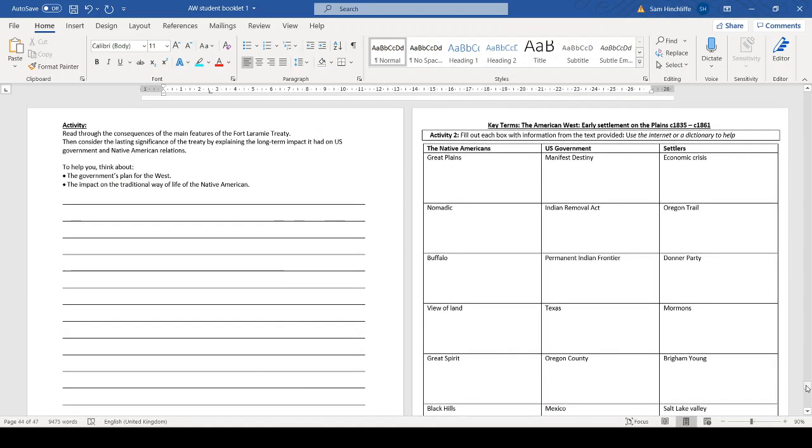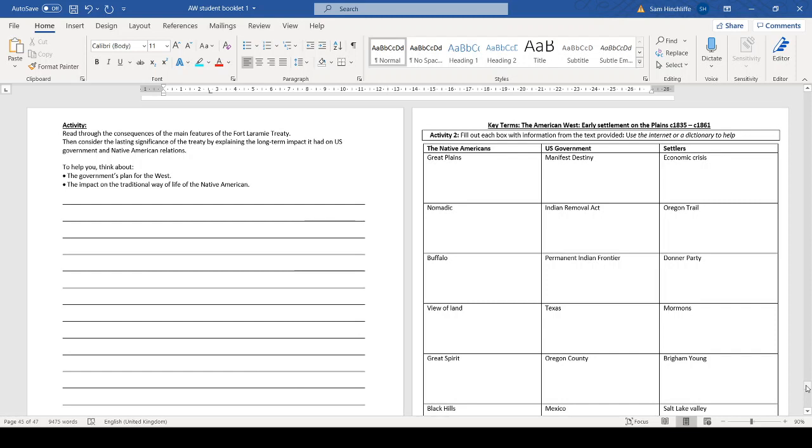So, although the lesson is quite short, the main analysis is really important here about the significance of this treaty. It's the fact that the US government have complete control. The US government are dictating the terms of the treaty, and they are more favourable to the United States.